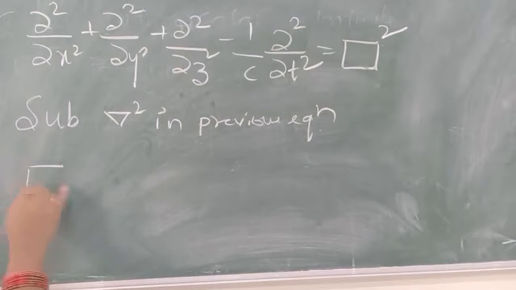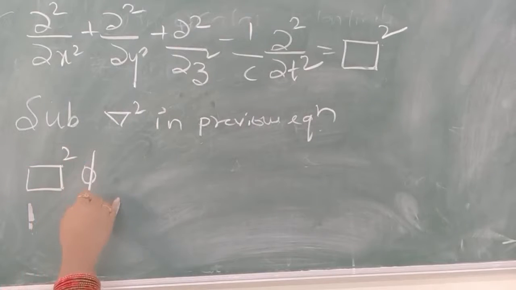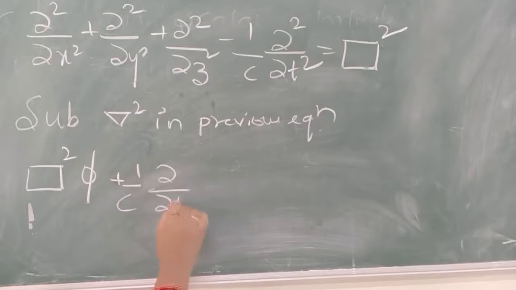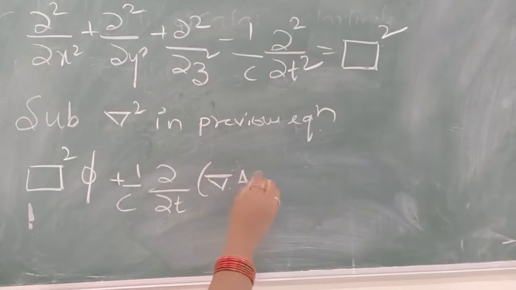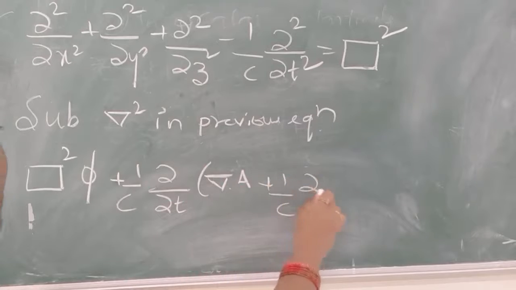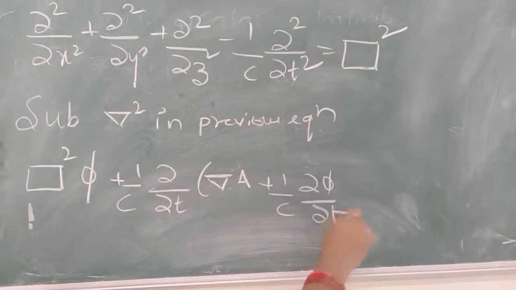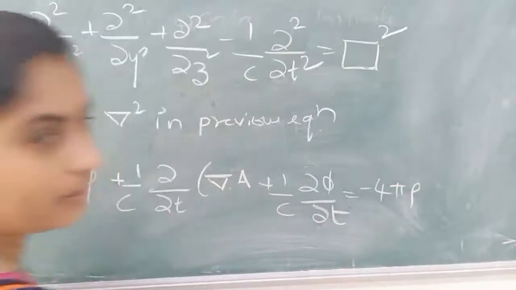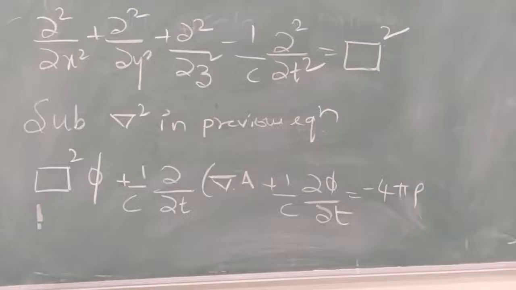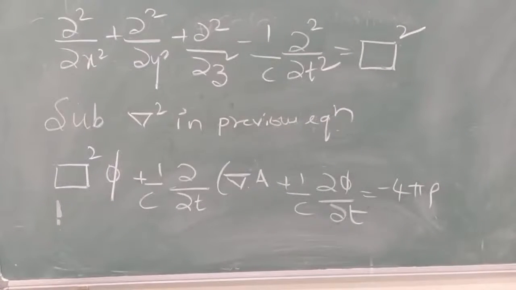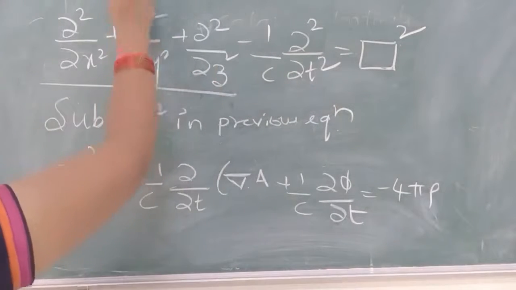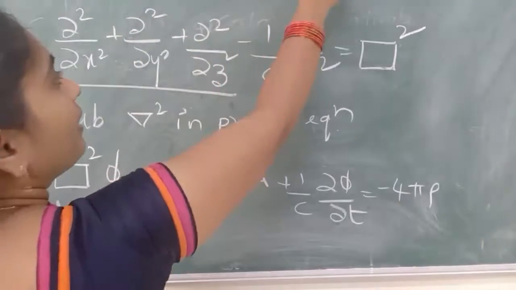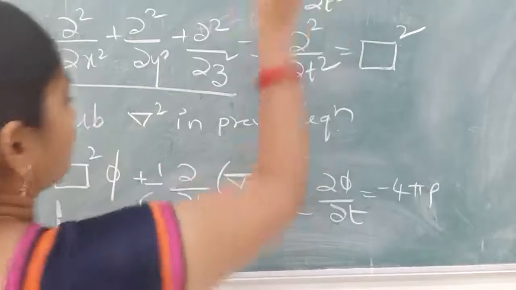So what do I get there? Rectangle square phi plus 1 by c dou by dou t del dot A plus 1 by c dou phi by dou t is equal to minus 4 pi rho. First assuming this as the del square value, and this is the next term we already had in the equation.